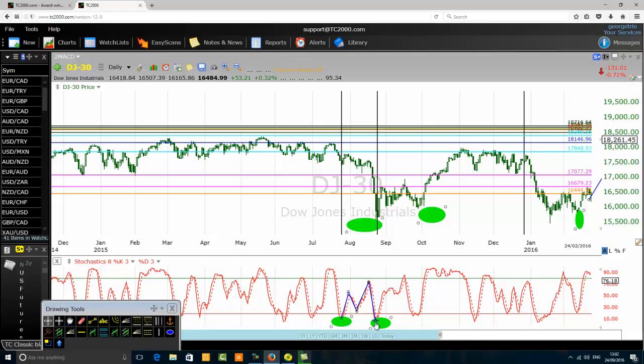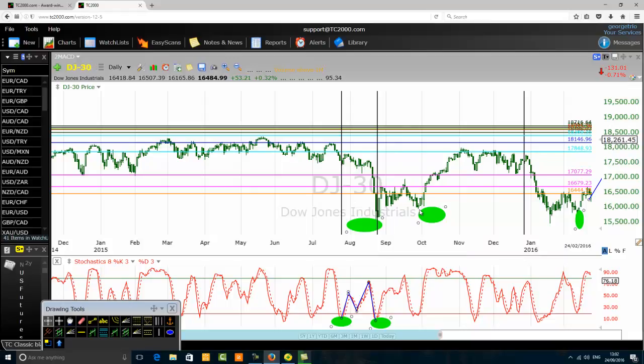Now, I'm not saying that any time the stochastic forms a double bottom chart pattern before the price, it is definitely true that the price will form a double bottom chart pattern. I'm not saying that.